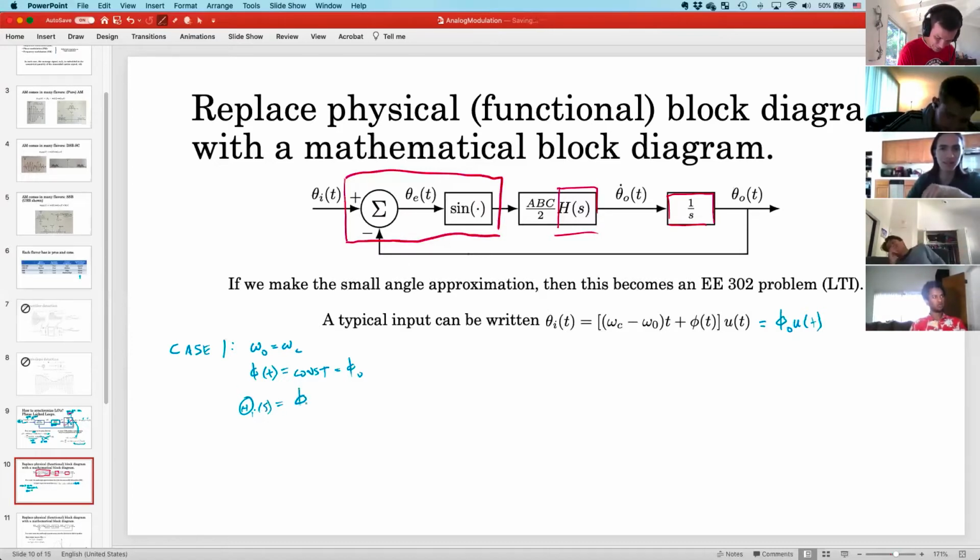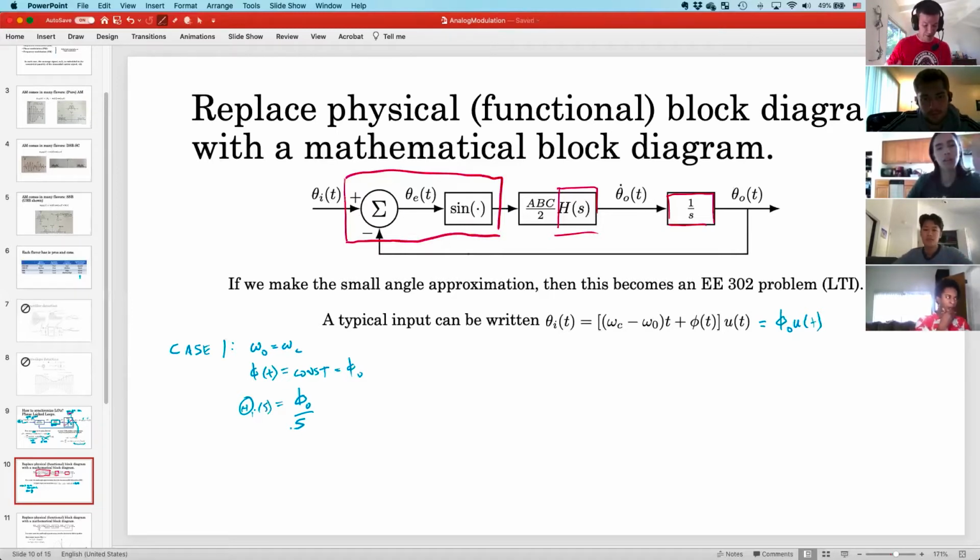Okay. So from that Laplace table that we've all got memorized, a step in the time domain is a 1 over S in the S domain. And if I scale that step in the time domain, I get to scale it by the same amount in the S domain. Okay. So what else can we kind of immediately see?